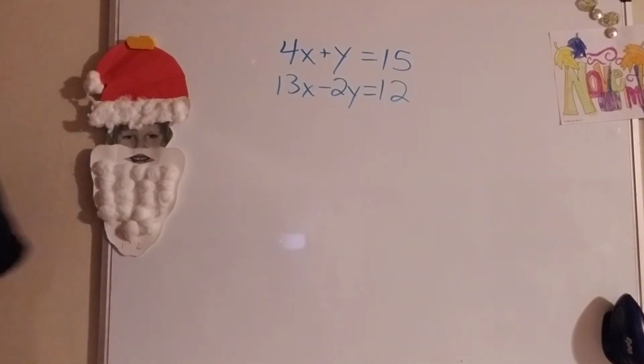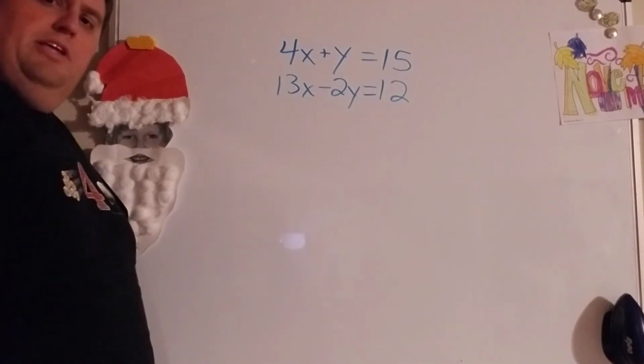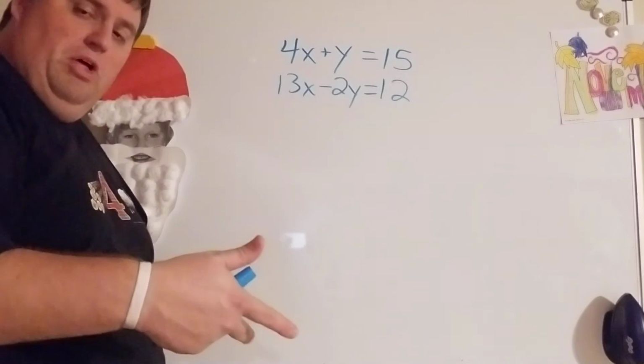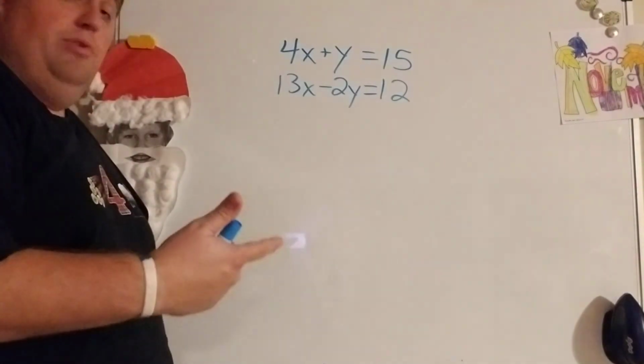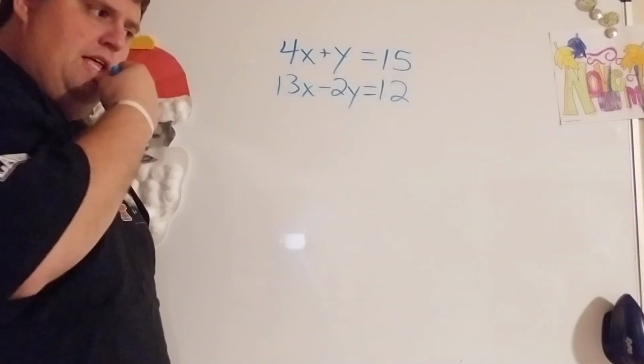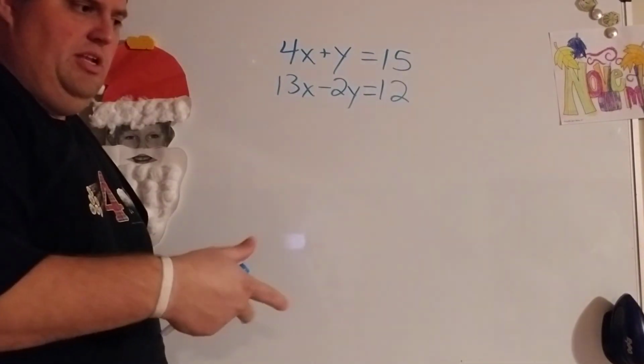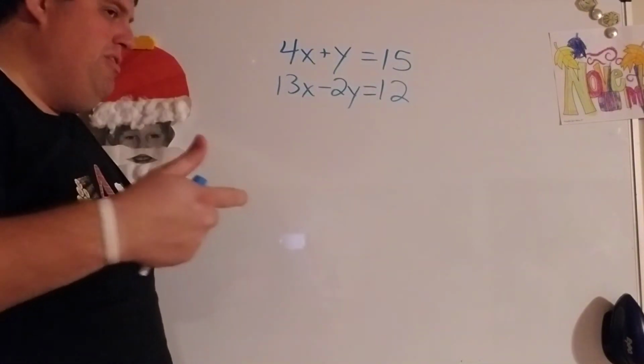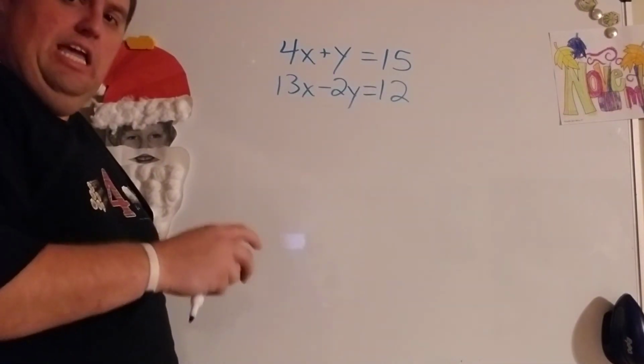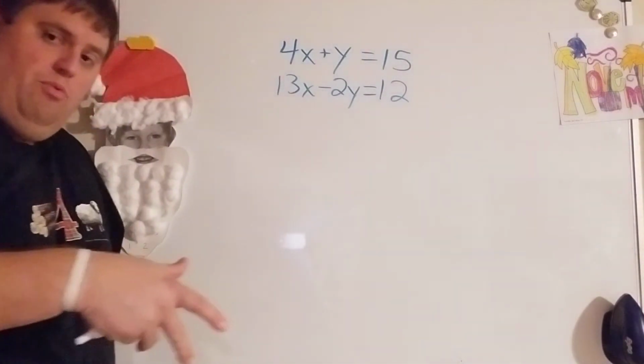Now you notice this one doesn't have any variable equal anything. That's true, it doesn't. So if I wanted to substitute, I'm going to have to rewrite one of them to get either x equals or y equals.